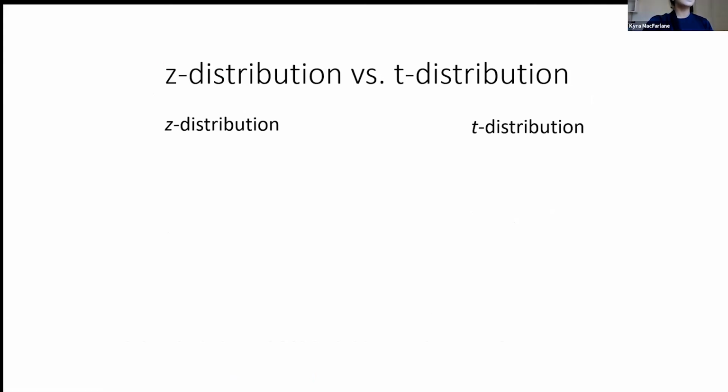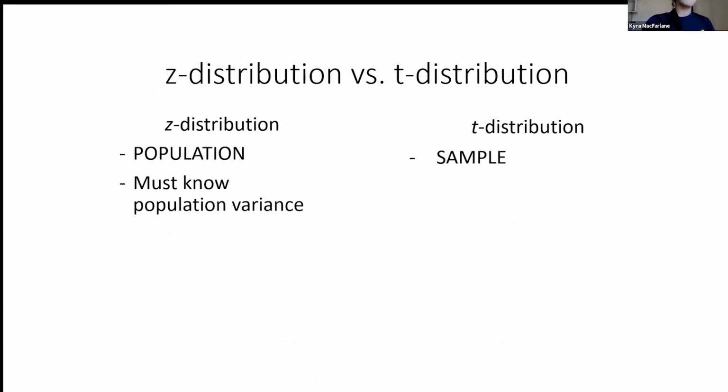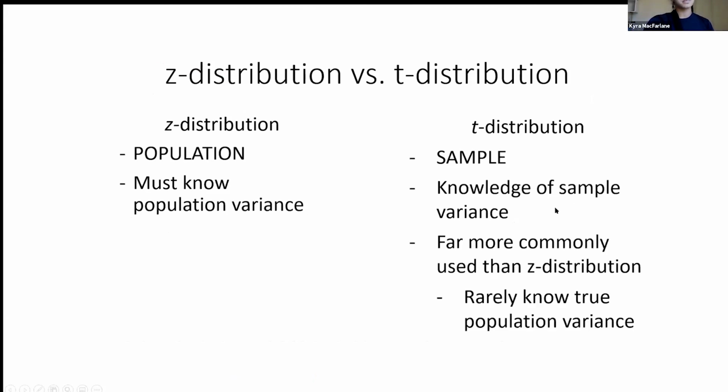So z distribution versus a t distribution. Z distributions are for population while t distributions are for samples. Because it's a population, you have to know the population variance for z distributions, whereas for t distributions, you just know the sample variance.